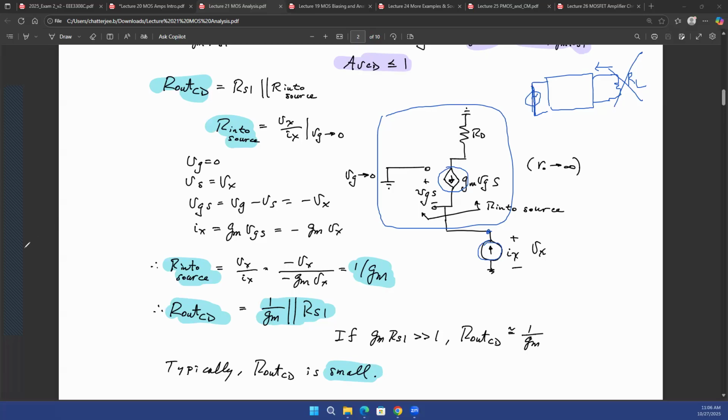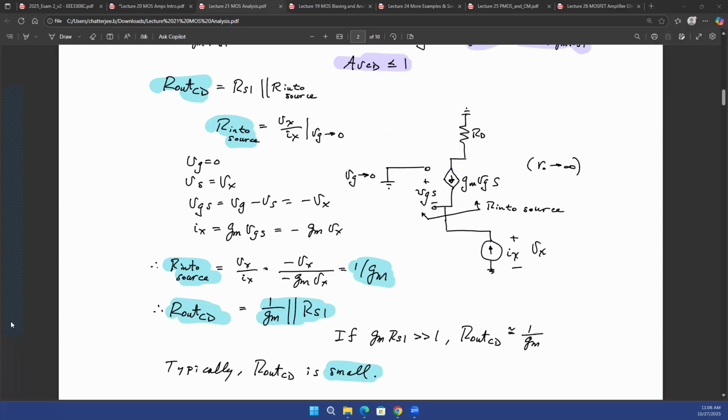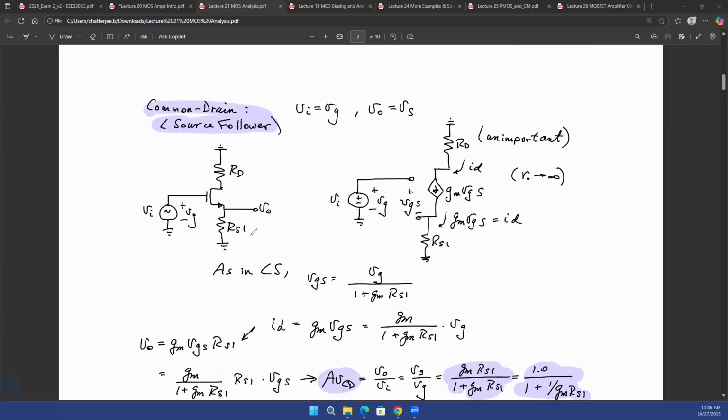So what is the load connected in this case? The load was connected to RS, the source, right? So if you're putting a voltage source, let me go back here. This is your output terminal. What is the load resistance connected to the output terminal? This is RS.